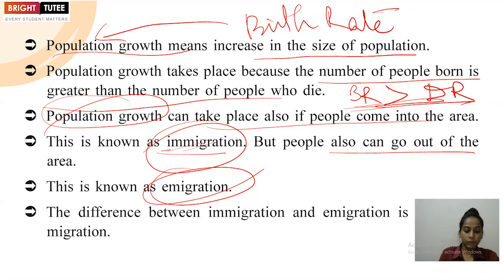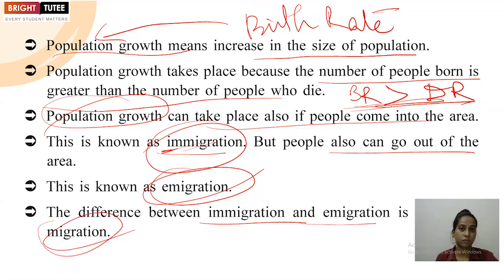Clear? So immigration is when somebody is coming to your area, and emigration is when they are moving out. The difference between immigration and emigration we call migration. The number of people coming and the number of people going out, the difference between these two is taken as the migration. Here we have discussed the different factors related to population growth.